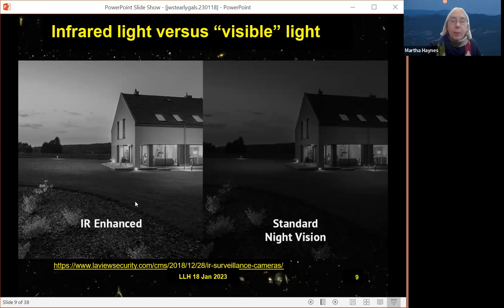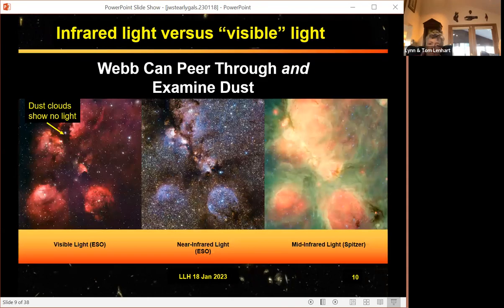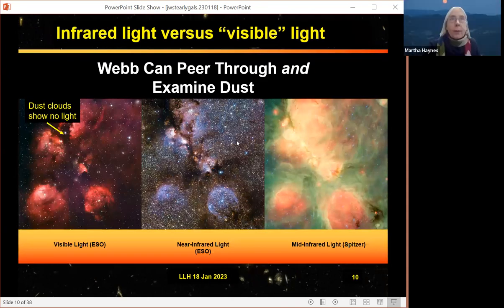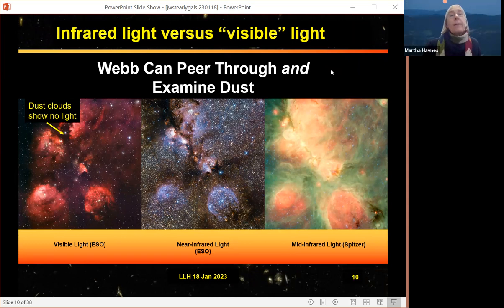We can target objects in particular that have cooler temperatures than you see with our eyes, because our eyes have evolved and developed because they are supposed to respond to sunlight. Hotter temperatures have shorter wavelengths. That's an important thing. We'll come back to that.